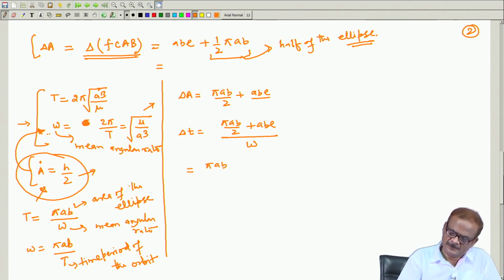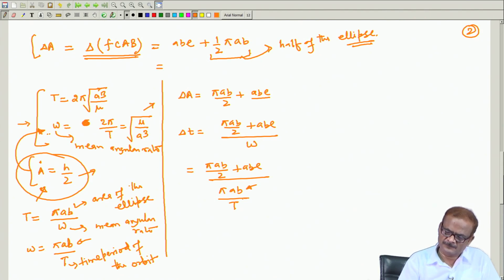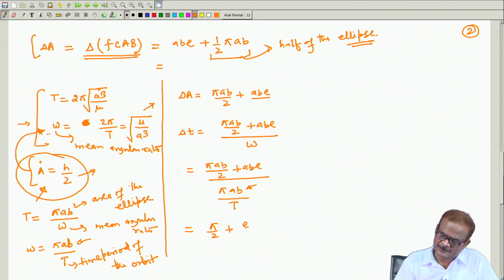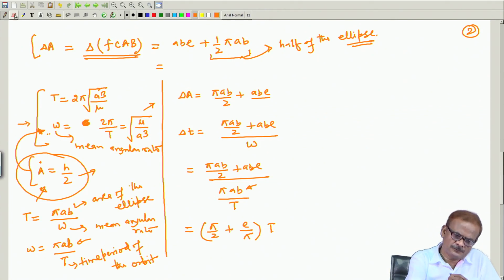So pi a b divided by 2 plus a b e, and omega we directly put from here. You can see the advantage that a b is already present in this place, so cancellation of some of the terms will take place, and that makes our life easy working out this problem. So this becomes pi by 2 plus, a b cancels out, e by pi times t. Pi also cancels out. Let us do one more step.